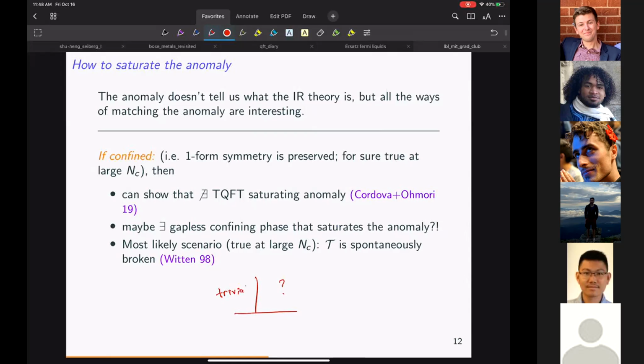This question mark is for sure a phase where time reversal symmetry is spontaneously broken, but nothing else happens. So we have the Z2 symmetry. Remember, time reversal acts as Z2. Here's M. And you can show that this phase here is just a time reversal symmetry breaking state, and there's nothing else going on, for reasons that I can explain later if you're curious.